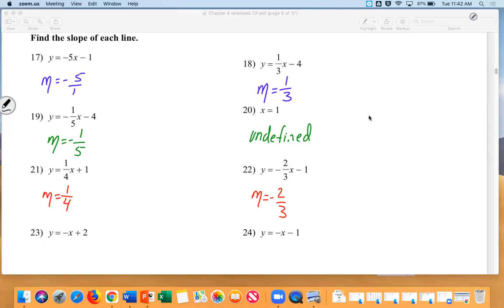Slope. What's the number next to the x? There's a plus sign between the x and the 2. Oh, and that's a negative. There's no number, so basically what number can we put there? Negative 1x. Very good. Negative 1/1. Louis, what about 24? Negative 1/1.